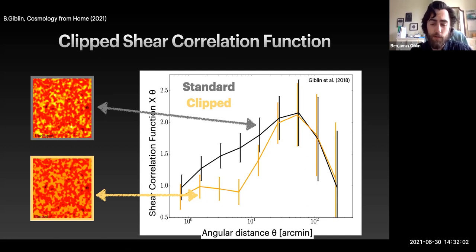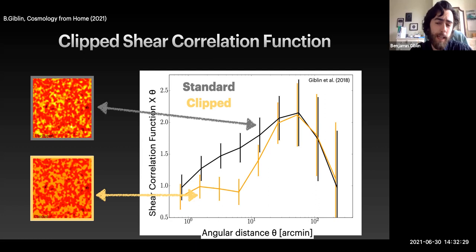The answer to that riddle relies on the fact that clipping specifically targets high density regions where gravitational collapse has become nonlinear. And we know that the standard shear correlation function is suboptimal for extracting information from fields that contain those regions of nonlinear gravitational collapse. It essentially doesn't model them very well.